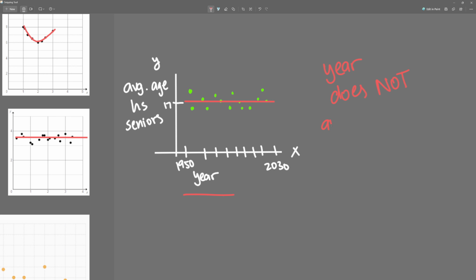It does not affect the age of high school seniors. That is to say, as the years increase, the average age is not also increasing, right?